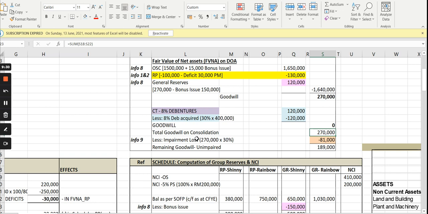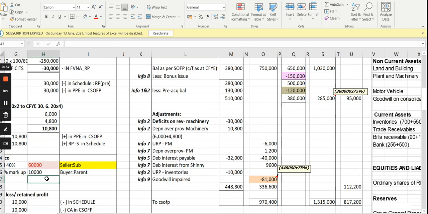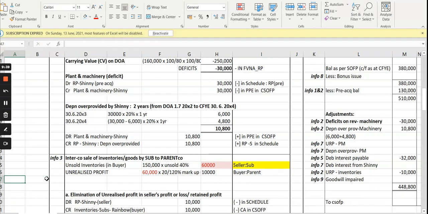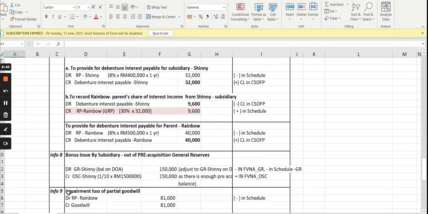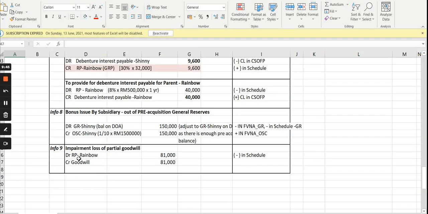So you are done with the calculation of goodwill and you will get 270,000. And this goodwill is being impaired. If you look at what adjustment that we have done earlier here, you will see that the last adjustment was about the consolidation reissue of goodwill.